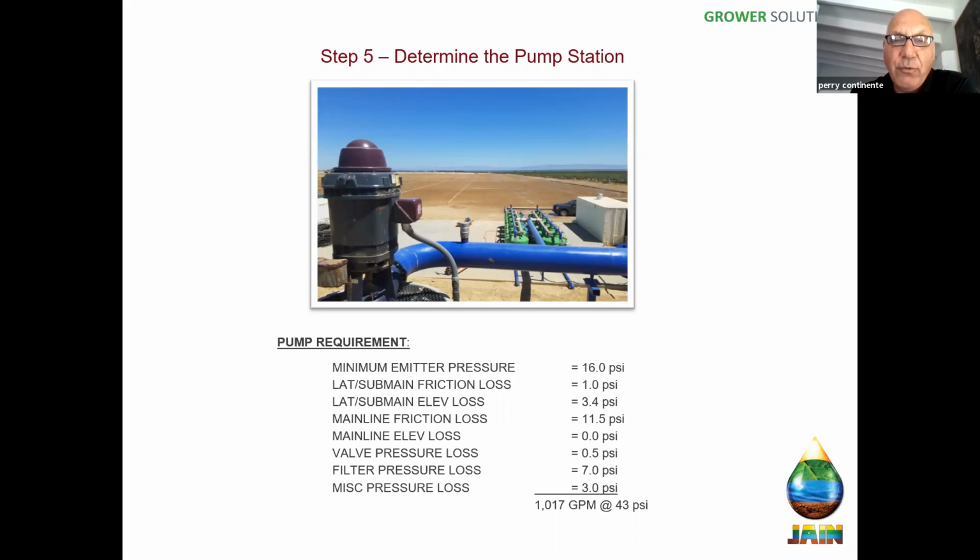What happens when we flush? We're going to need some more water and some more pressure, aren't we? So we could present this differently if we wanted to, and say during the flushing event, we're going to require more pressure and more flow. Now, without a variable frequency drive pump, it's probably not practical to do it that way.